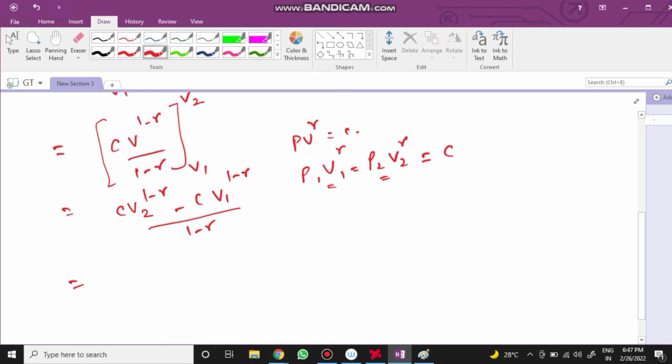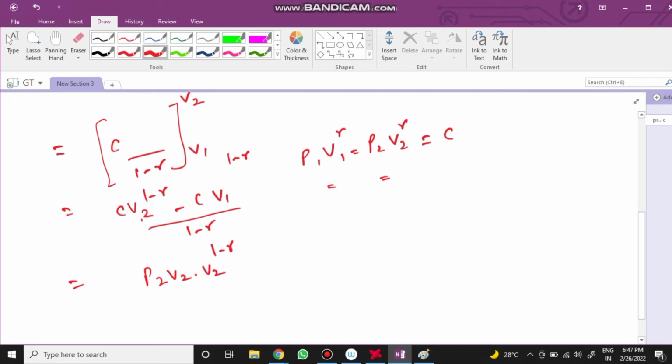Because V2 is there here, I will write C as P2 V2^gamma multiplied by V2^(1 minus gamma), minus, because V1 is there here, P1 V1^gamma multiplied by V1^(1 minus gamma), divided by (1 minus gamma).